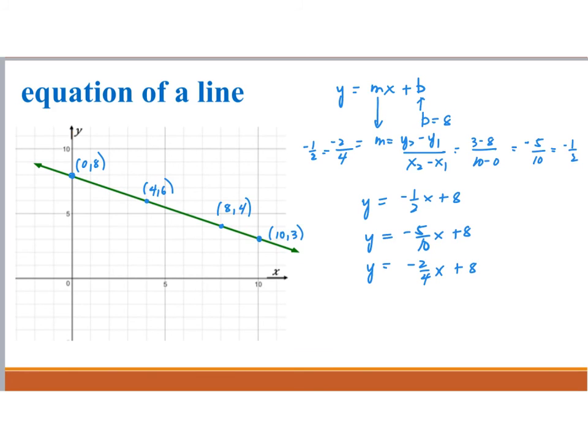Naturally, if you use two different points, you might come up with different fractions that will all simplify to negative 1/2. So there is an infinite number of ways that you can write the equation using this format, but of course we prefer the one that is simplest.